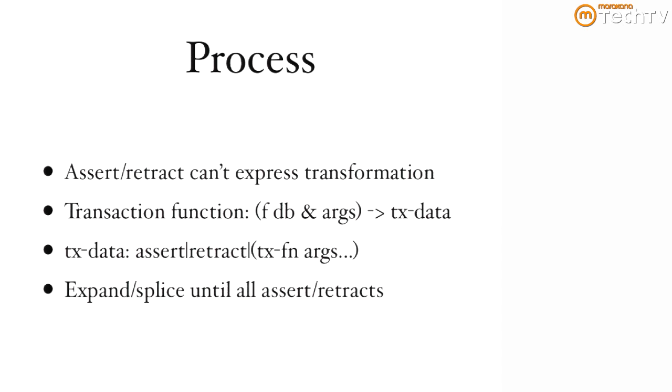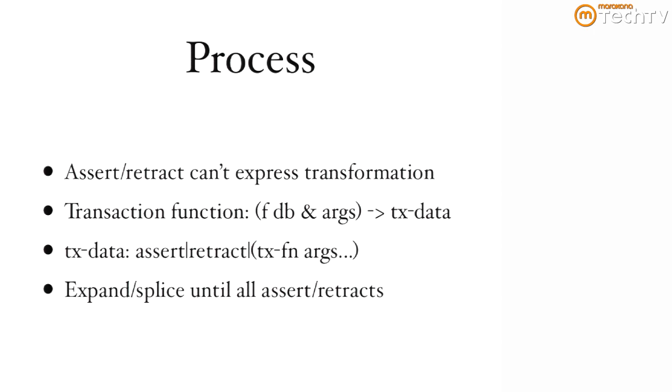It will be given the current value of the database, because the database really is a value. So this is a real function of a real value. It can perform any queries at once, including looking up Sally's current balance, and then will yield more transaction data. So that function could go look it up, find out the balance is 100, say it's 110, and what it would expand into is the fact Sally's new balance is 110. But it could do some more involved things.